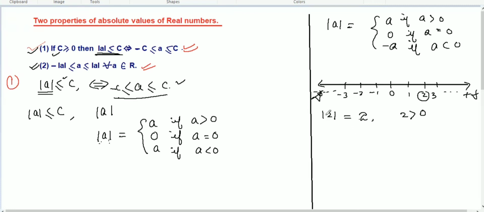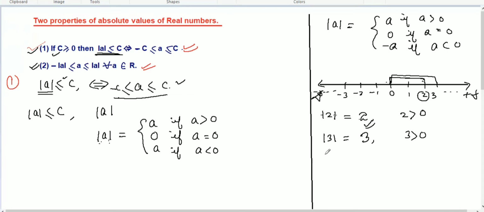What does this absolute value sign mean? The absolute value of 2 is the length between 0 and 2, the origin and 2. So this is the length of 2. Let's take the absolute value of 3: the length between 0 and 3 will be 3. What is 3? 3 is greater than 0.